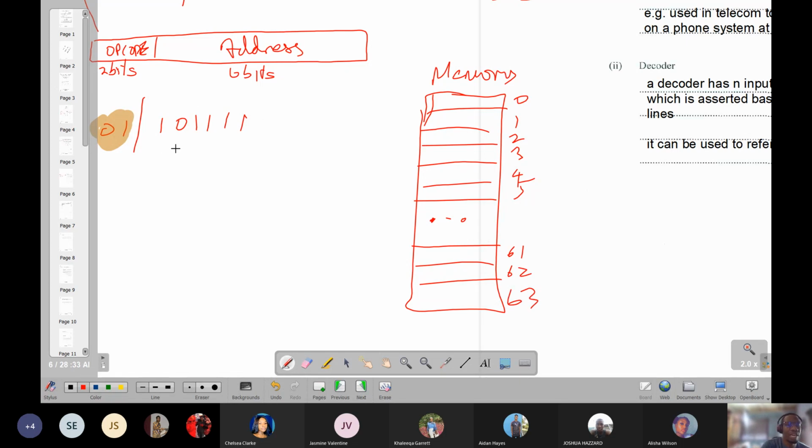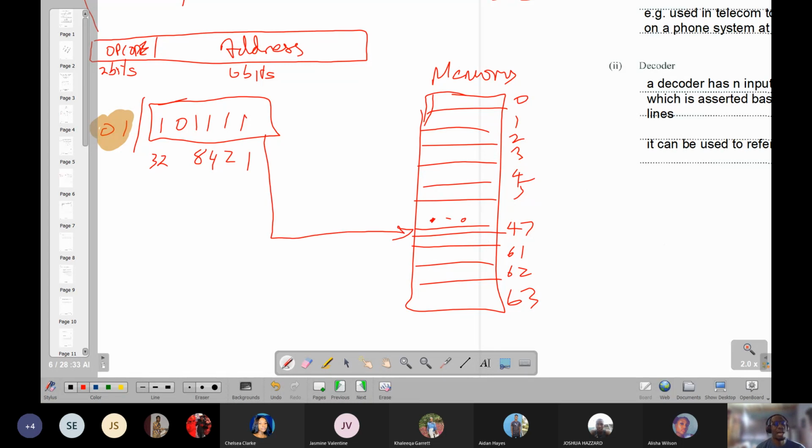This instruction here could be decoded to a particular memory location. This is location 1, 2, 4, 8, 16, 32. So 32 plus 8 is 40, plus 4 is 44, plus 3 is 47. So if we have location 47 somewhere here, when my computer sees this instruction, it decodes it and knows that it can access the data at memory location 47.